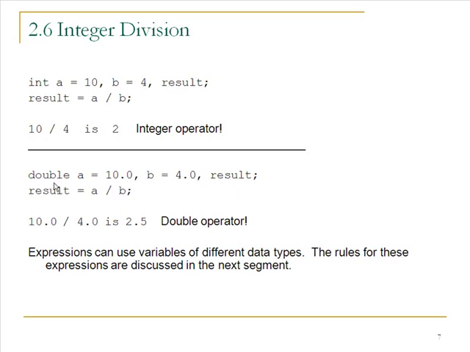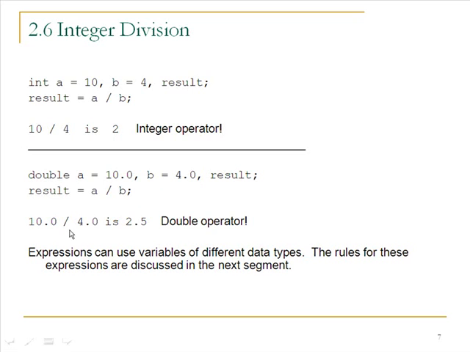So we have now a double variable, and double variables can have decimal points in them. So 10.0 divided by 4.0, and this time the result variable is also a double. And if we do that division in floating point, we have a double result.